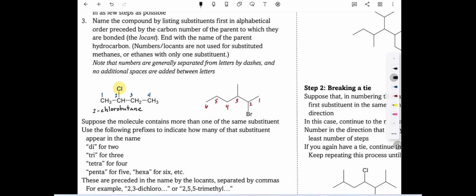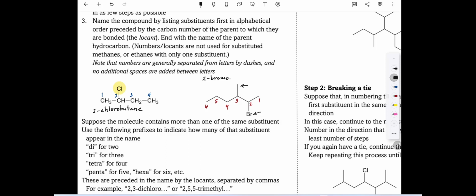2-chlorobutane. Now, unfortunately, I didn't give enough space to write down the name of the next compound, so I'll just write the name over the structure. So we have two substituents here. On carbon number 2, we have bromo. And on carbon number 3, we have a methyl. And bromo comes first alphabetically, so we'll list it here. So we have 2-bromo. And now we're going to switch back to a locant, a number.